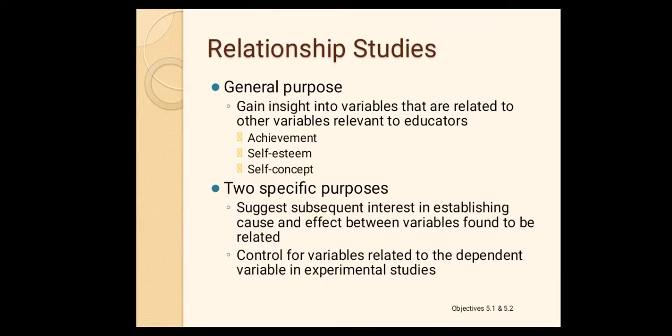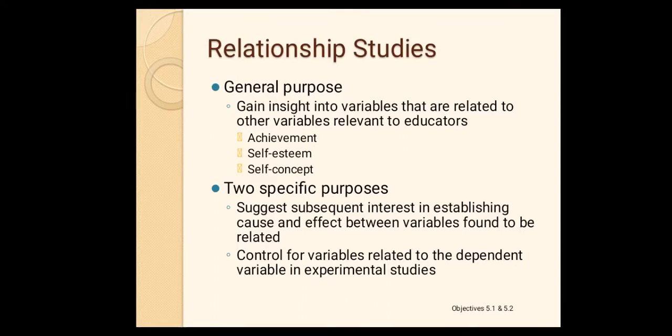A relationship study attempts to gain insight into variables or factors that are related to a complex variable. Some examples of complex variables are achievement, self-esteem, and self-concept. Two specific purposes.